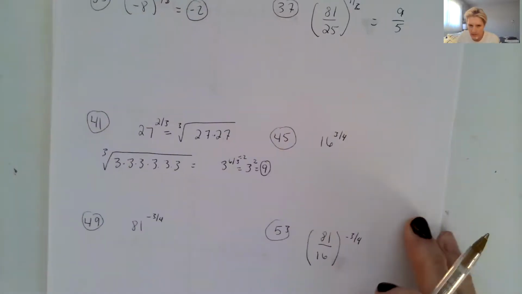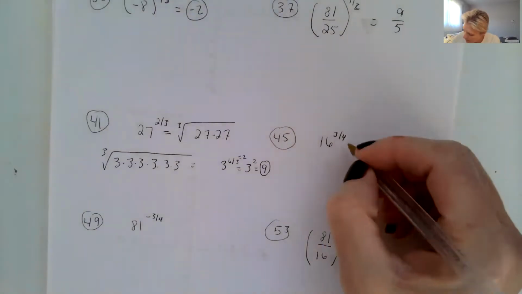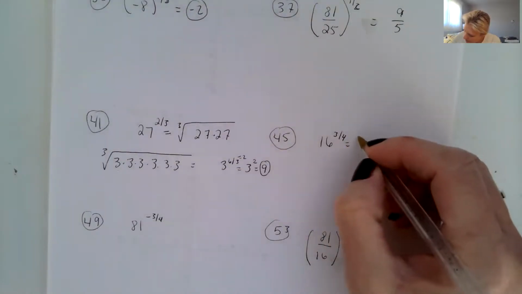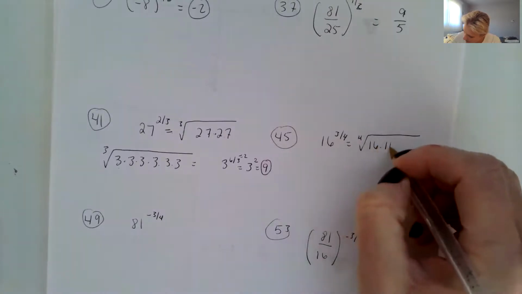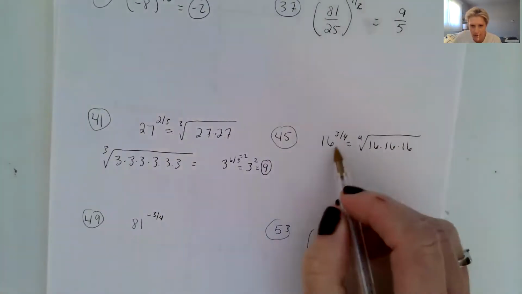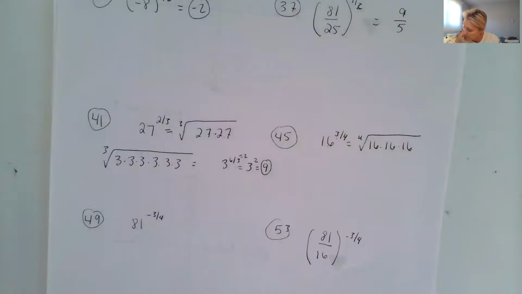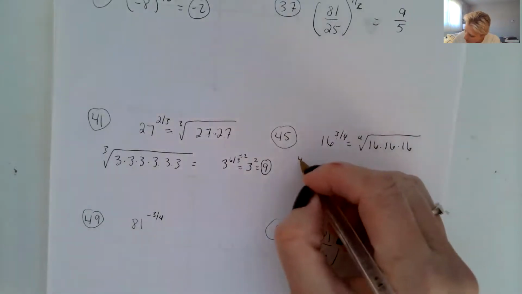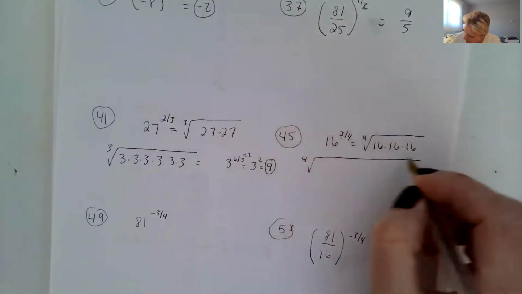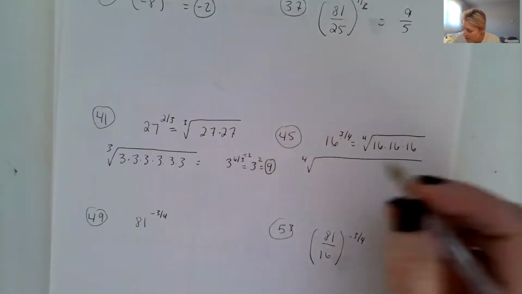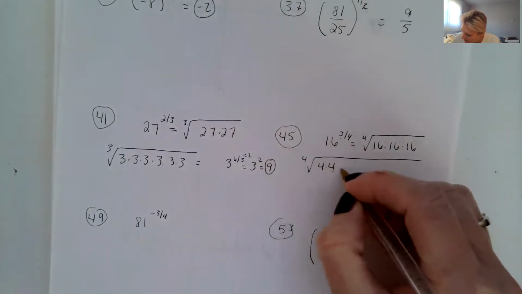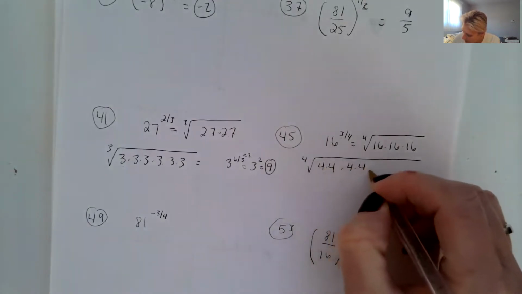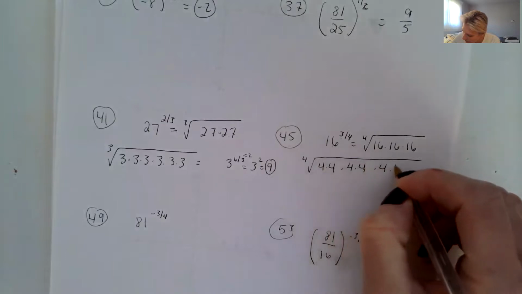So let's try that with 16 to the 3/4. So this is really the 4th root of 16 times 16 times 16. That's 16 cubed. And so I'm going to break down my 16s into, let's just see if we can do 4s for now. So 4 times 4 is 16, and 4 times 4 is the second 16, and then 4 times 4.